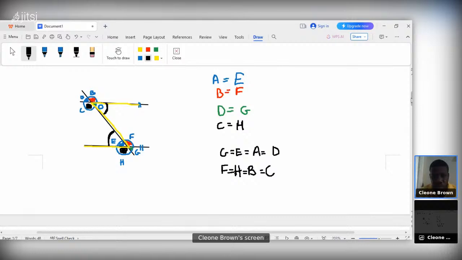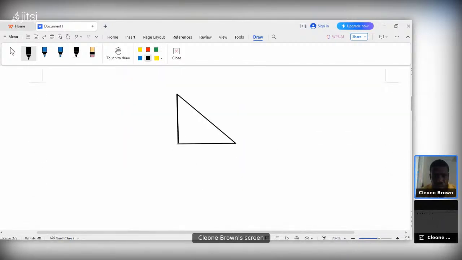So let's move down to our triangle here, and this is a right angle triangle because you can see here that a 90-degree angle is formed at this corner. So this is a special kind of triangle, and the sides have special names.